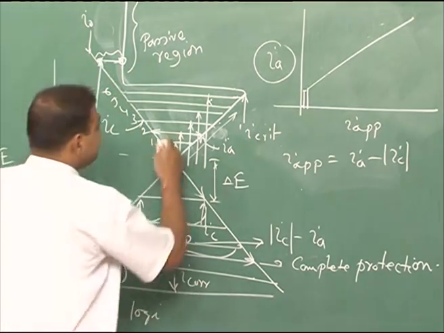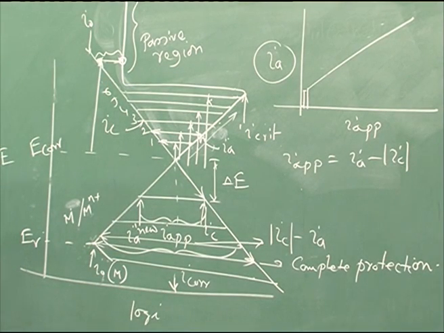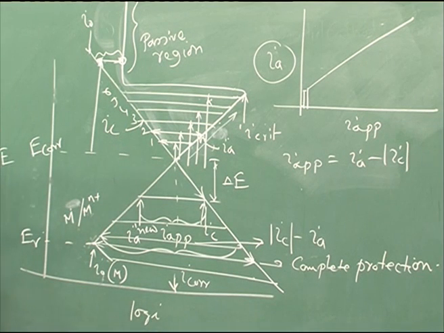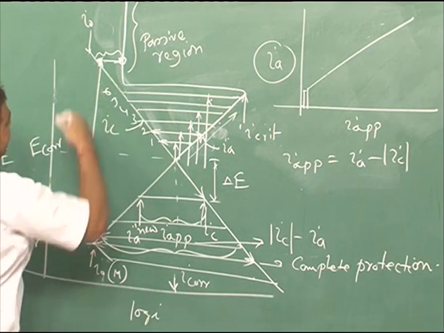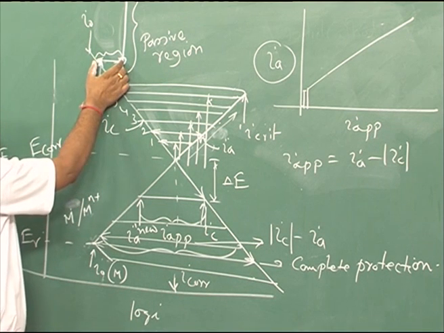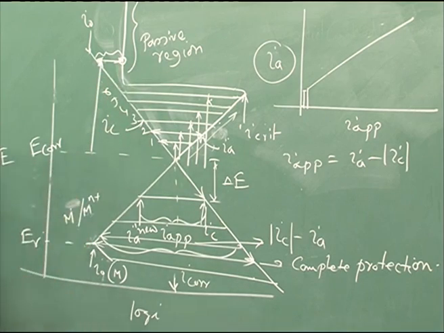As we go on increasing the anodic polarization, we see that initially IA increases with the increase in I applied, but later once we go to this section, which is the passive zone, my I applied would go down. At the same time, my IA will also go down.